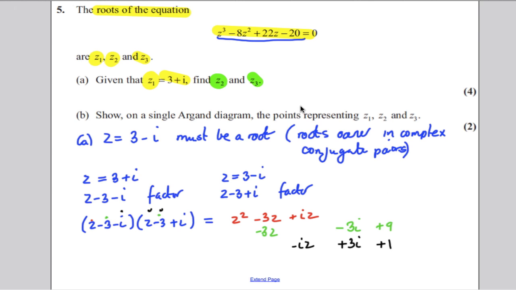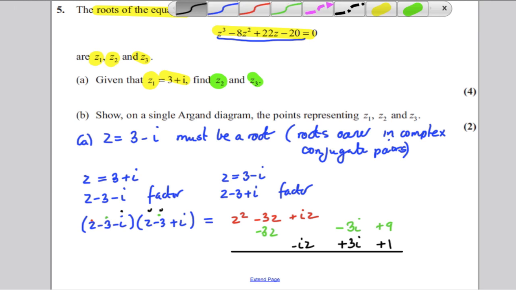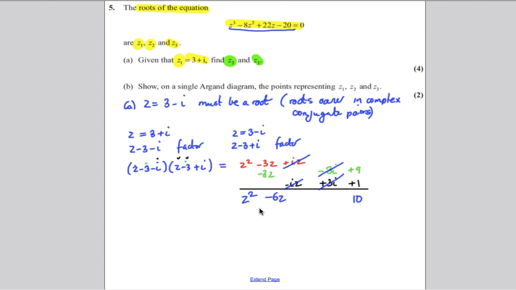I'm going to put a line under them and notice a lot of stuff cancels. Plus iz, subtract iz. Negative 3i plus 3i. 9 and 1 is 10. Negative 3z is negative 6z. And z squared on its own there. So therefore, I know that z squared subtract 6z plus 10 is a factor.